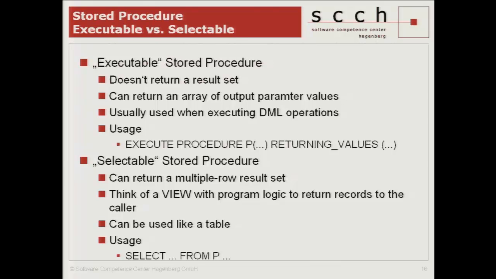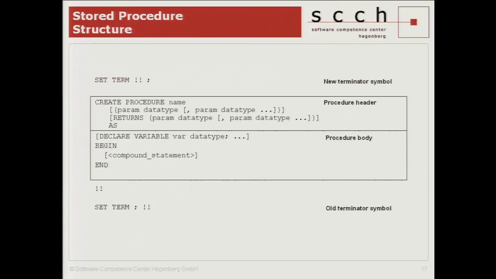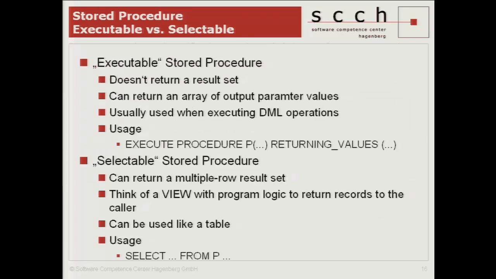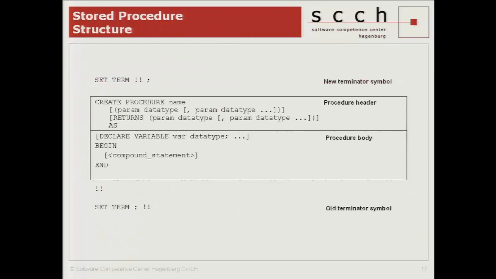A selectable stored procedure is used like a table, so you can simply do a select star from a procedure. You can even join that with another procedure or with a table or whatever you want to do with it. It's pretty much using it like a table.